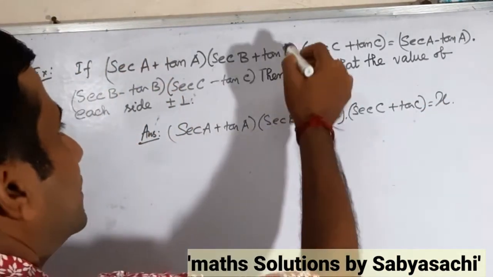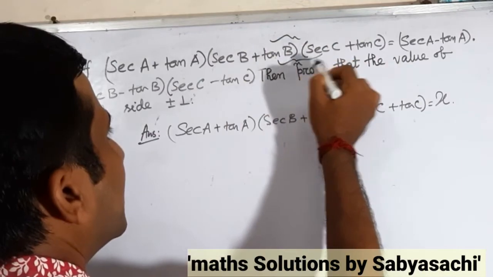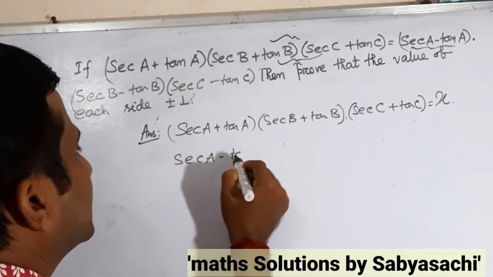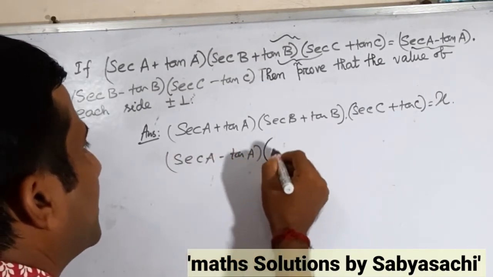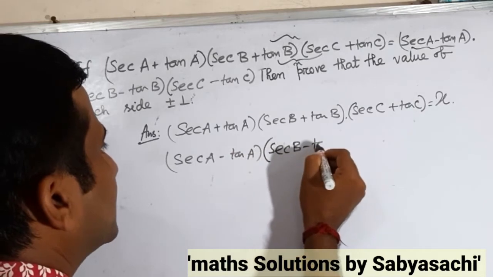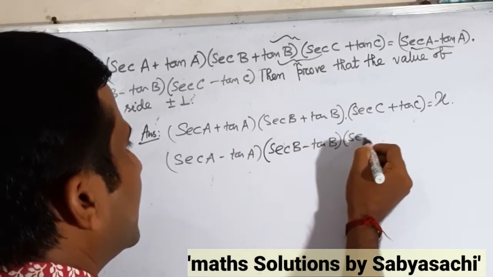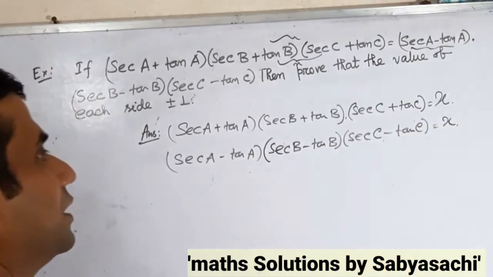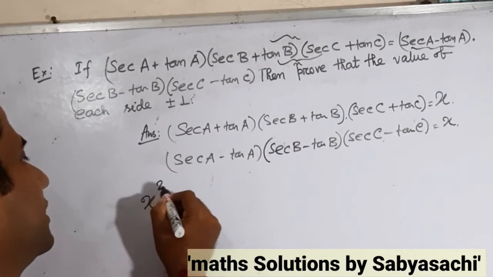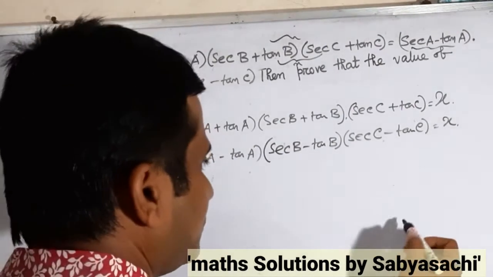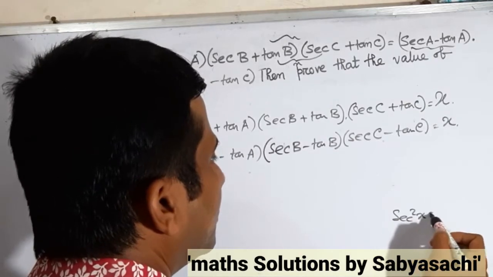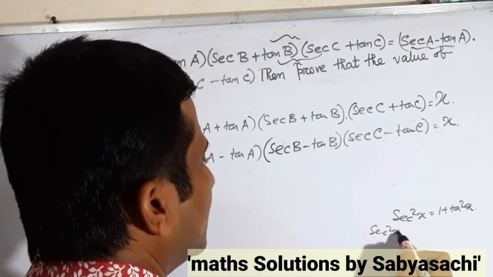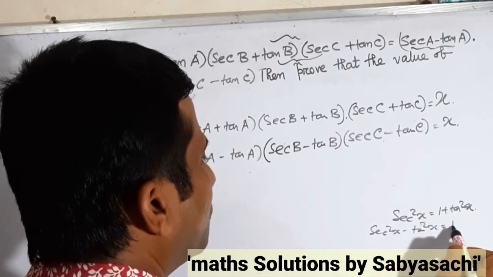Similarly, (sec A - tan A)(sec B - tan B)(sec C - tan C) is also x. Now multiplying these two we get x square. We know that sec square x is equal to 1 plus tan square x, or sec square x minus tan square x is equal to 1.